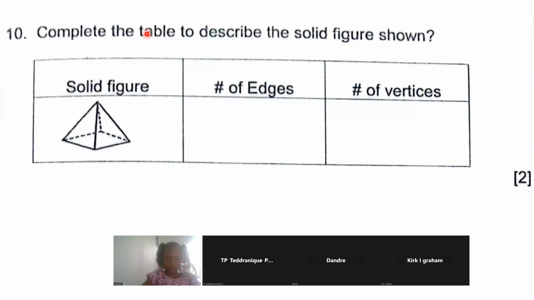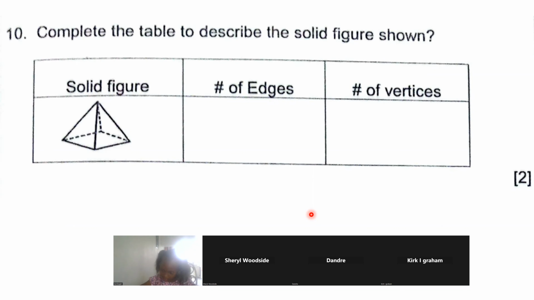5 edges or 4? Mr. Petit, can I tell you why it's 5 edges? Okay. Ariana, what do you think? 4 or 5 edges? There's 5 edges. DeAndre, are you there? Yes, sir.